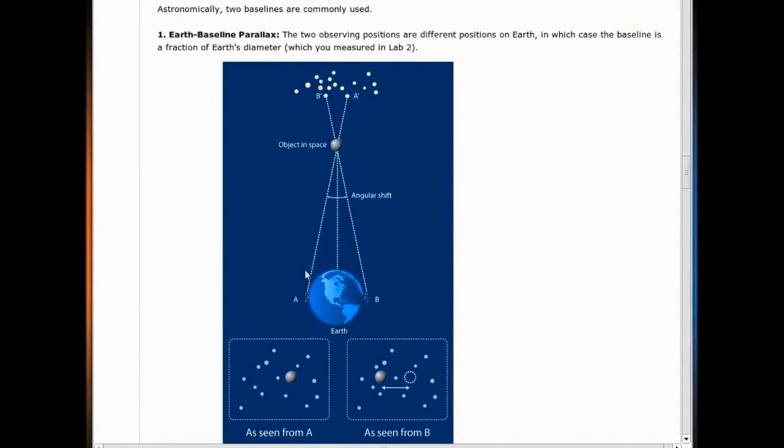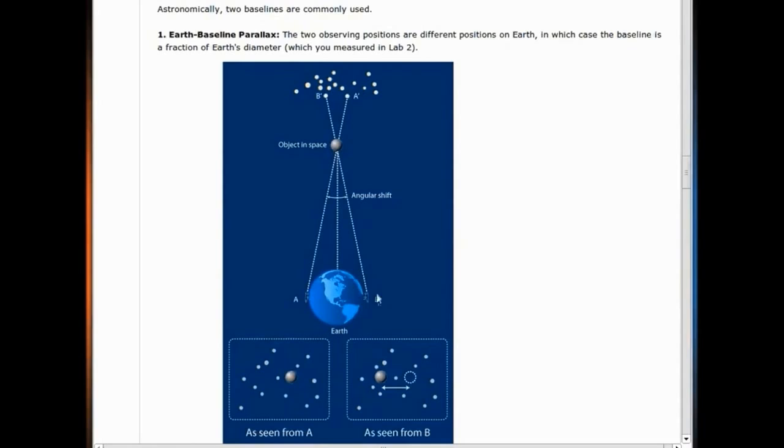The person at position A looks at that object, and to him it appears to be over here relative to those background stars. We can't see exactly where it is, and we don't know how far away it is, but from our vantage point it looks lined up with these stars over here. So if they took a picture, it might look like this.